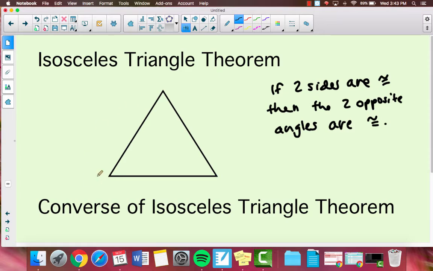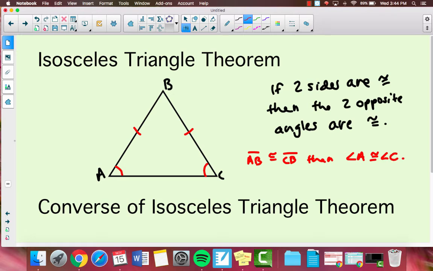So in this particular picture, let's say I label my triangle ABC, and I said that side AB was congruent to side BC. So if that's the case, so if two sides are congruent, there's my two sides, then the opposite angles from them, so opposite of my legs, would be the base angles, and those would have to be the same. So if I use this picture, I would say if segment AB is congruent to segment CB, then angle A must be congruent to angle C.